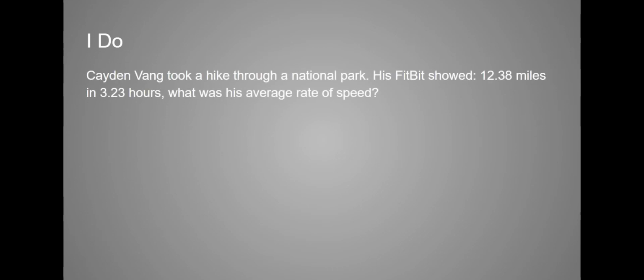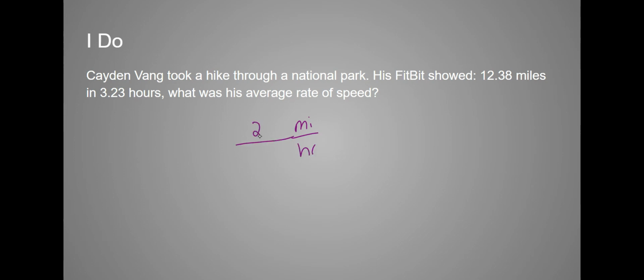Here is the final I-do problem. Caden Vane took a hike through a national park. His Fitbit showed 12.38 miles in 3.23 hours. What was his average rate of speed? This is kind of going back to the same lines as the yellow jacket problem, where we have miles per hour.